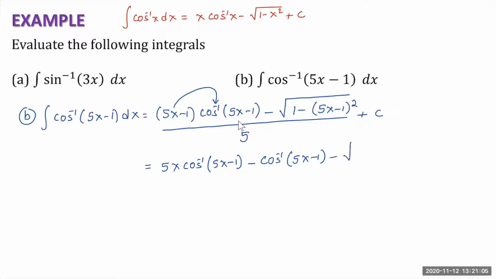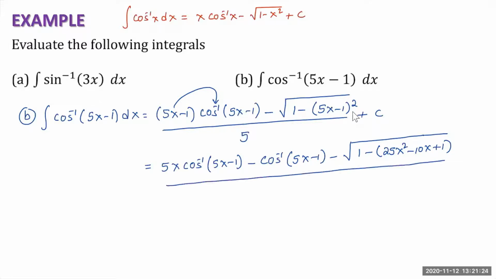Then minus square root of 1 minus, if I FOIL this one, 5x minus 1 times 5x minus 1, it will be 25x squared minus 10x plus 1, if you FOIL that. And we are dividing all this by 5, and then we have plus c.